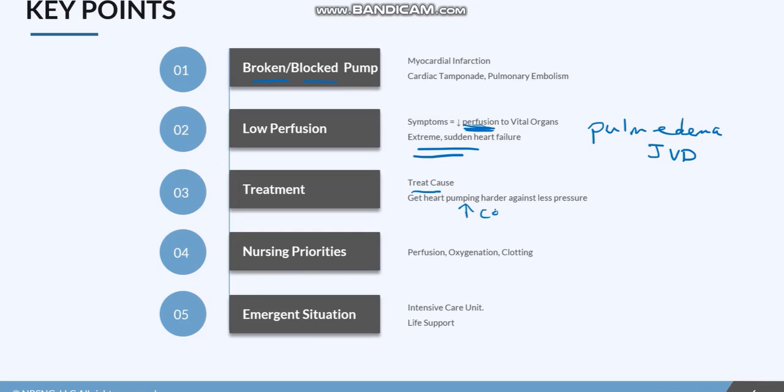So increased contractility and decreased afterload. Our priority nursing concepts are going to be perfusion and oxygenation, and then dealing with any clotting or bleeding issues depending on the cause. And finally, remember that this is an emergency. These patients need to be in an ICU and may even need to be on life support. So don't be afraid to ask for help if you need it. Call rapid response. Get that patient where they need to be.